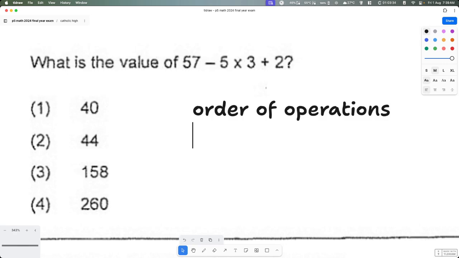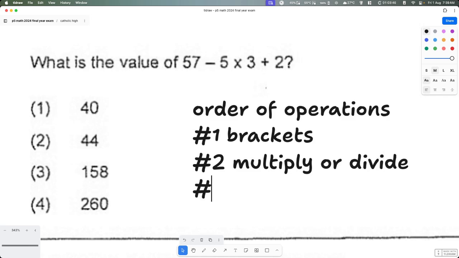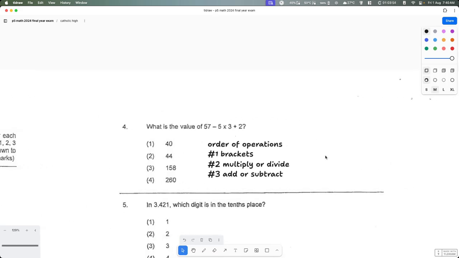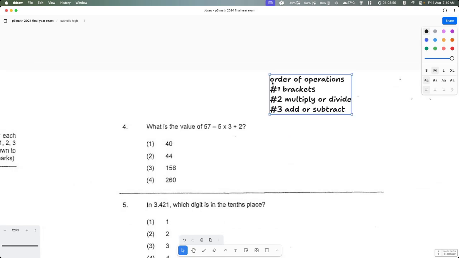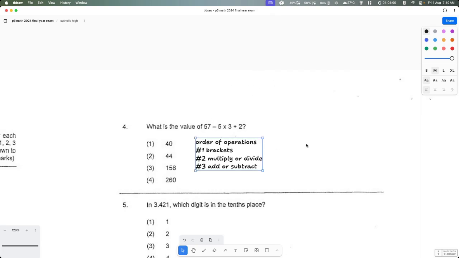Usually the first is brackets, then the second is multiply or divide, and then the third is add or subtract. So order of operations, just make sure that this is what you know.